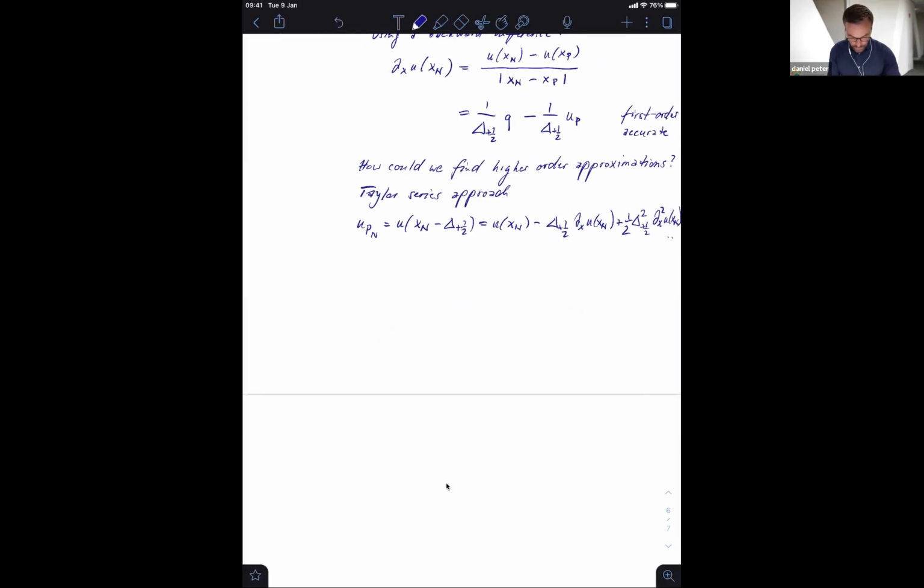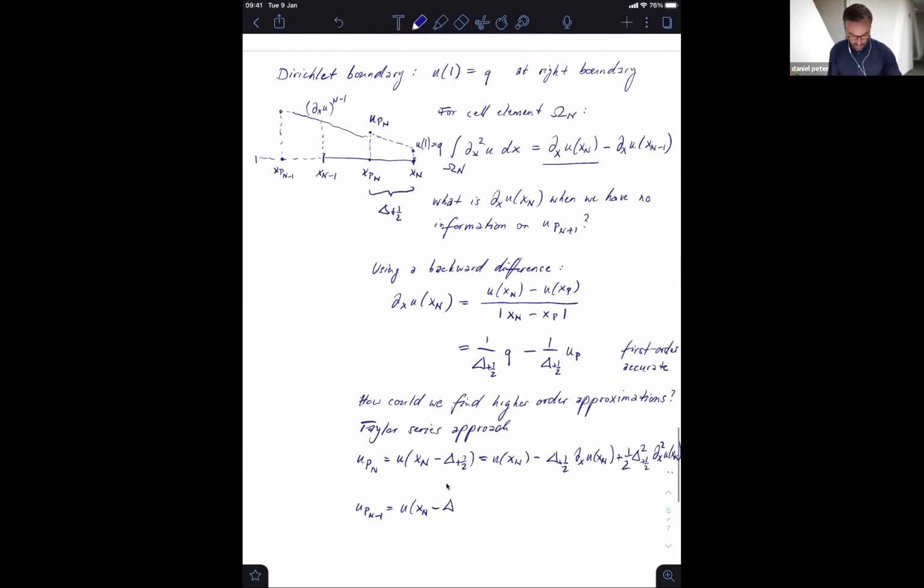Good. Now we can do the same for the centroid point at Xn minus 1 and evaluate what the Taylor series would be around Xn minus this delta, whatever we want to call it. This could be plus 3/2, for example.